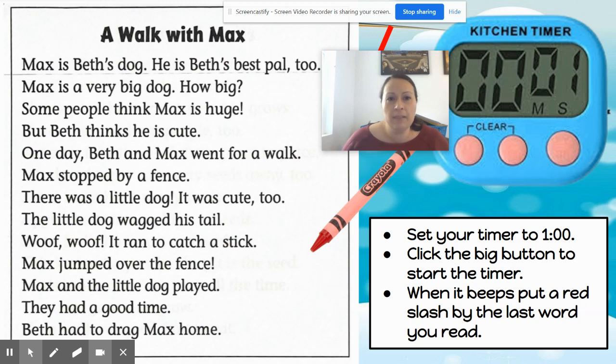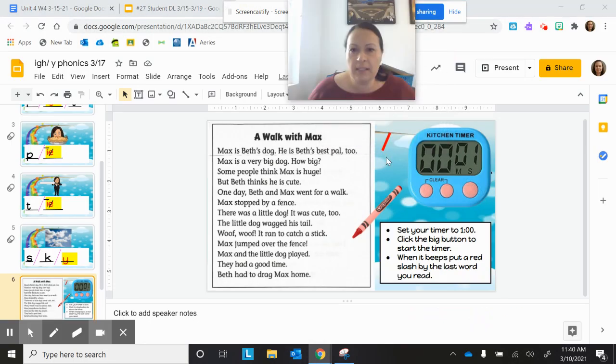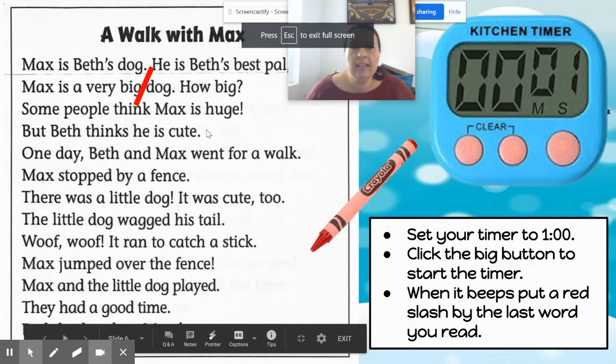I just did it for a couple of seconds, but I just wanted you to see how I had to stop. So I stopped reading after the word big. Okay, so now I am going to get my little red slash. In this case, I'm going to put a slash right after the word big. And you would mark it with your crayon, depending on where you stopped, okay?